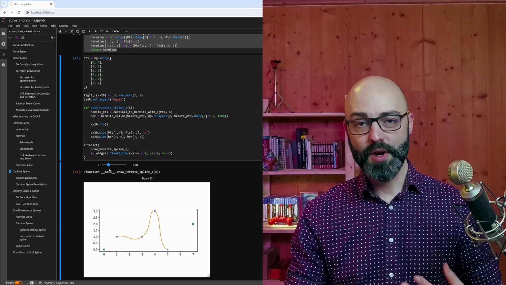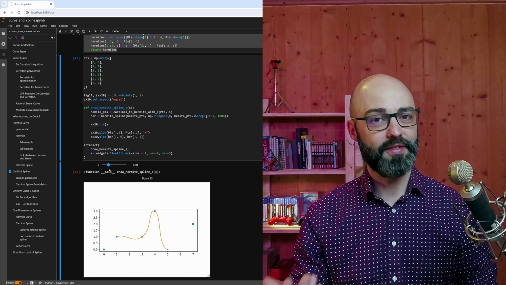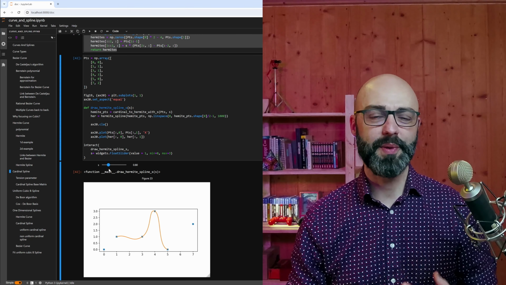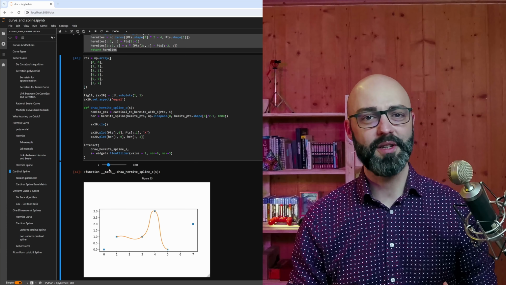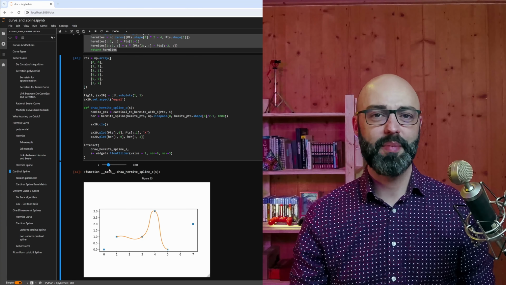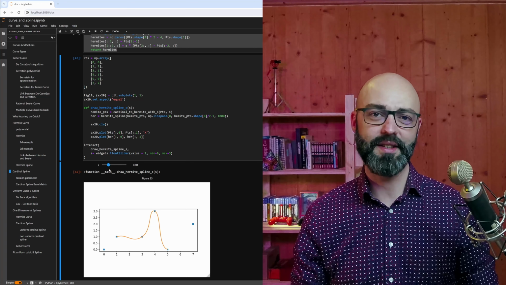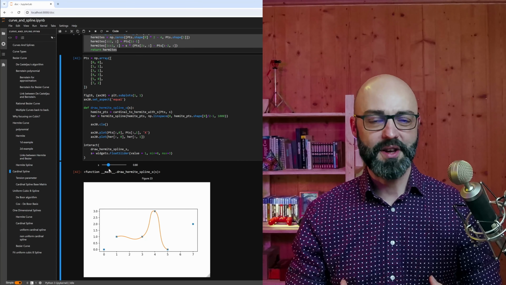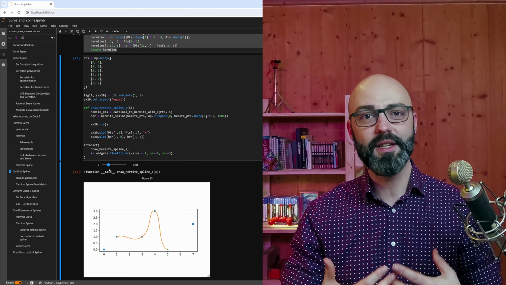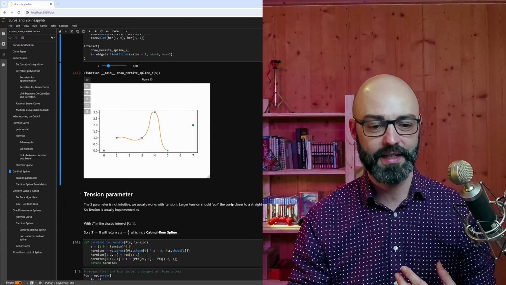Now, it works. The only issue we have with this kind of system is that the S factor is not really intuitive to use. It doesn't represent much except for mathematical purposes. Usually when we start to work with splines, it comes from drawing and the physical world, so we tend to want to use something that is more meaningful for the user. So what we have is a tension parameter instead.